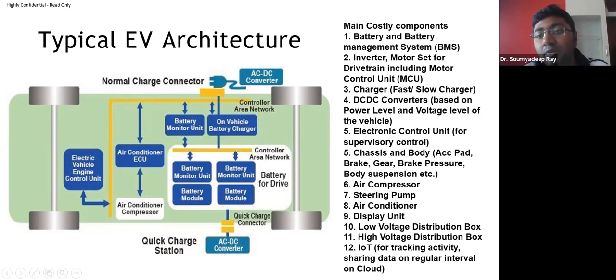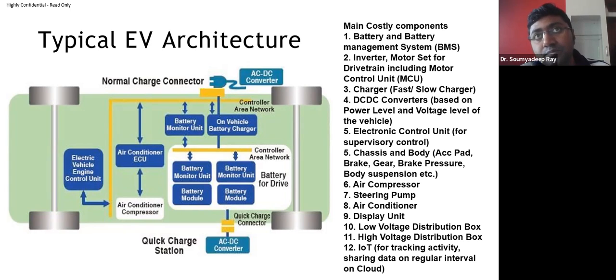Number two is the inverter motor set for the drivetrain, including the motor control unit. Obviously you need an inverter because the battery runs on DC, but most of the motors in today's industry run on AC.